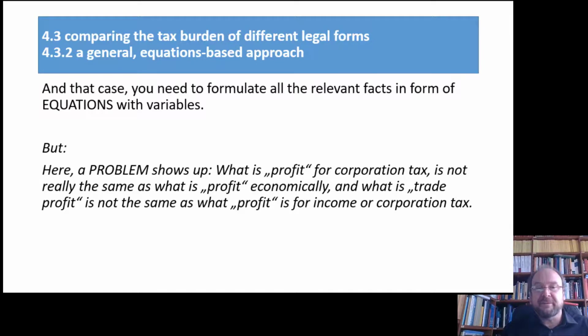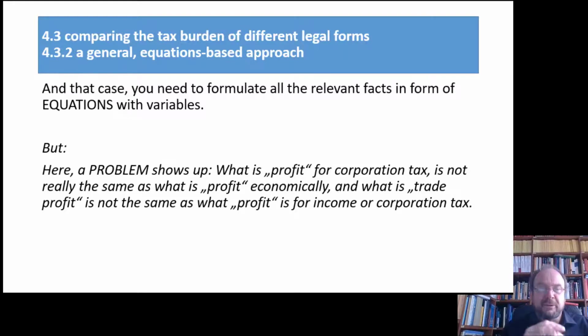You always have different tax bases, because income from business is not the same as what you define as profit, because you have non-deductible expenses, you have some tax-free revenue, and all such stuff. So the profit for tax purposes deviates from what is economically the profit.